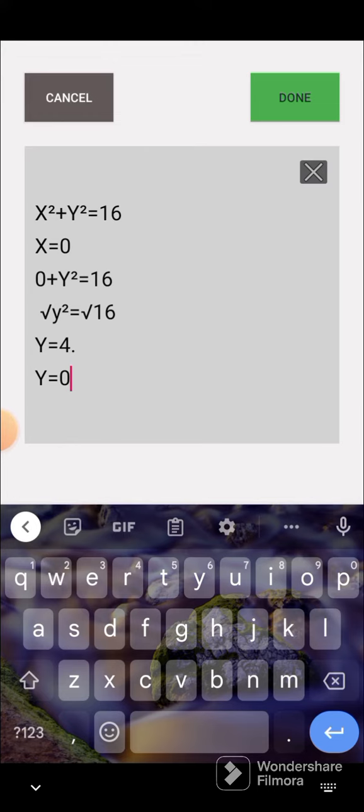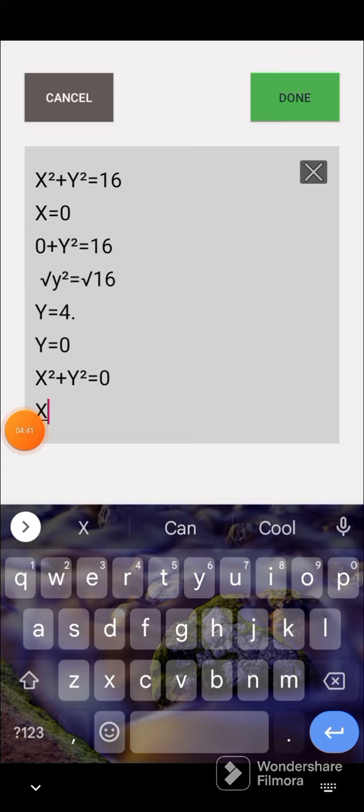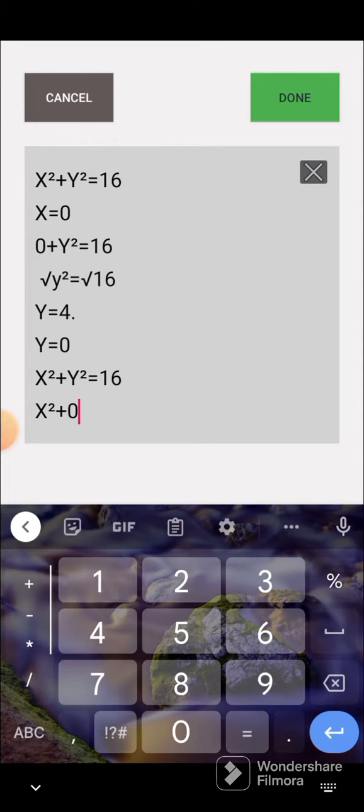Then what is our equation? Since our y is 0, it's going to be x squared plus 0, that's our y, equals 16.